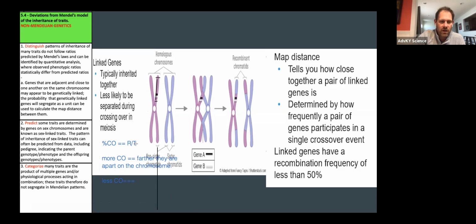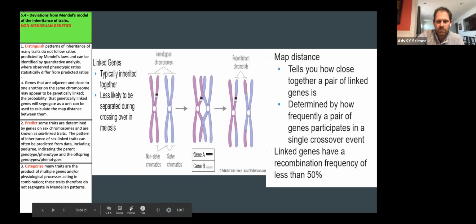So what we have to operate on is this percent crossing over. The more crossing over, the further apart they are, because crossing over could literally happen anywhere in there to get them on different chromosomes. If they're very close together, there's just a very small spot in which they could cross over.